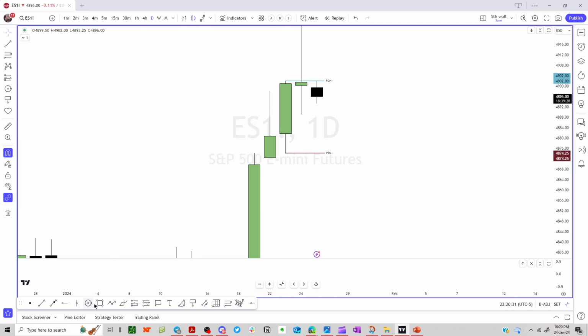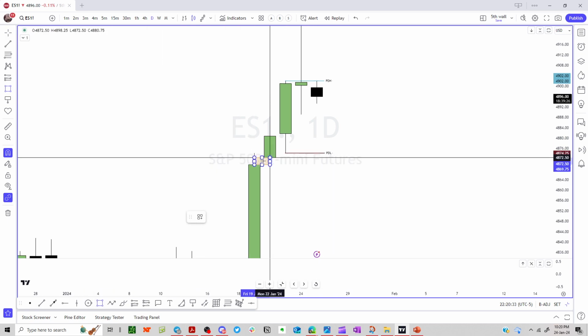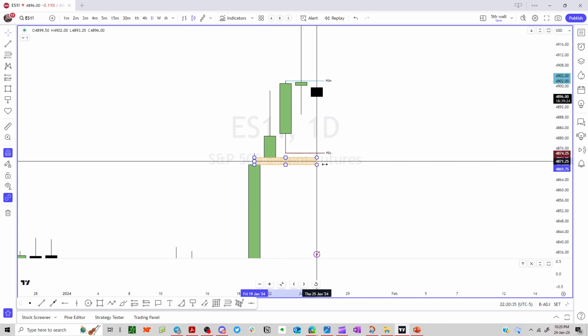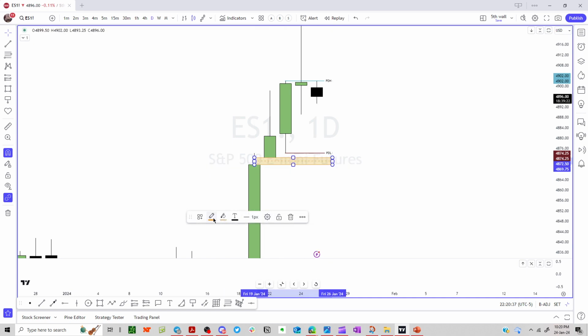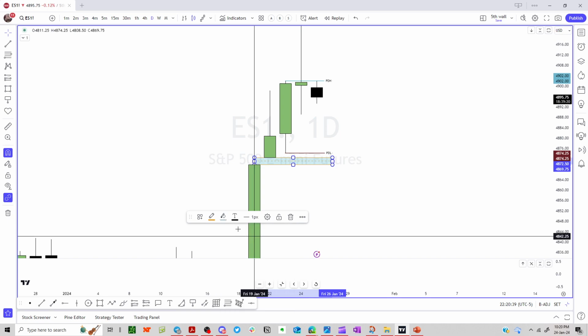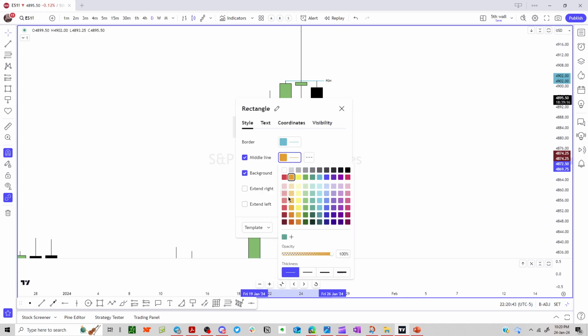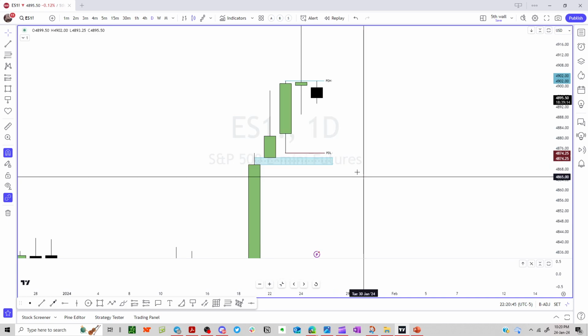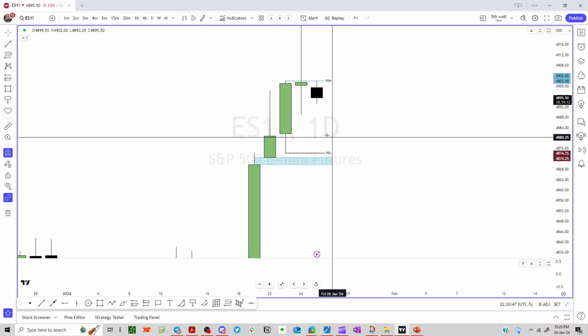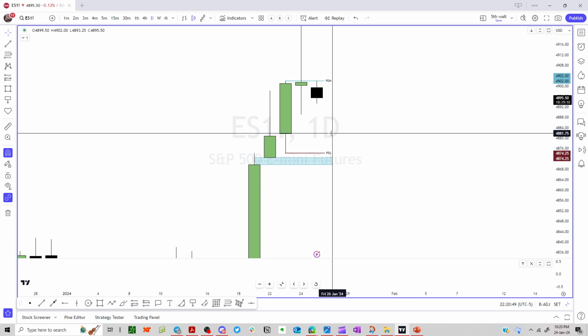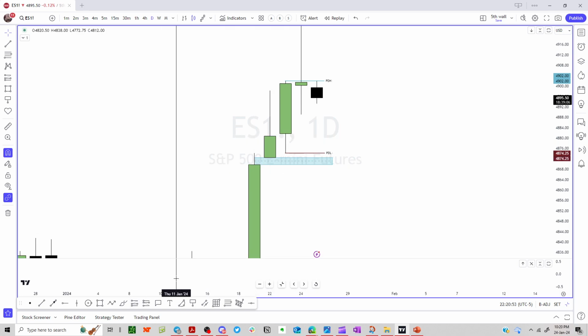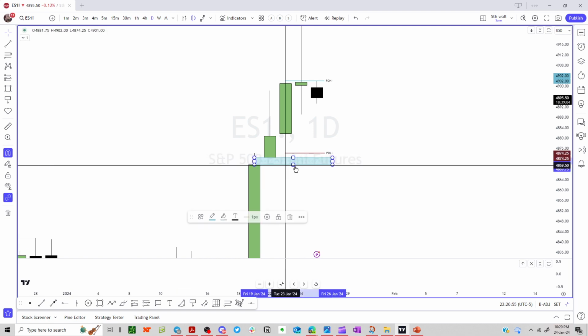Have the volume imbalance down here. What else? Maybe we're watching this time frame. You have another one here.